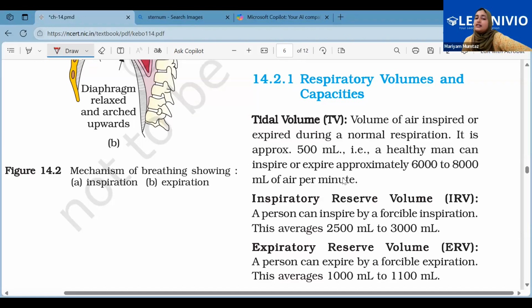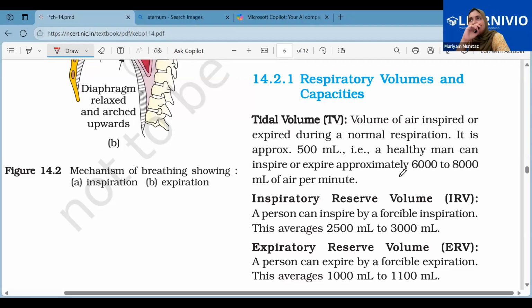The intercostal muscles now cause the ribs and the sternum to expand. As a result, the volume of the thoracic cavity and the volume of the pulmonary cavity both increase and the pressure decreases. Now, this is how you will write in the exam: since the pressure in the atmosphere is more than that in the lungs, the air diffuses from high concentration to low concentration. Clear?